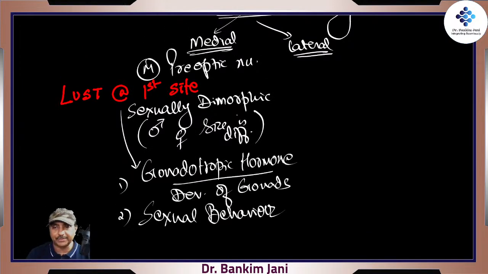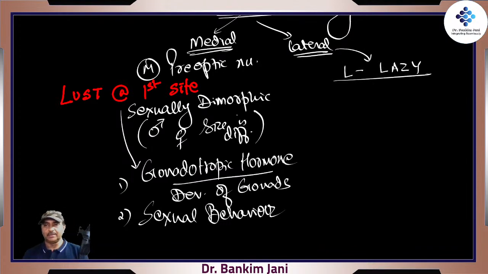What about the lateral one? Well, the lateral one is very typical. This is L for lazy, right? When a person is not working, when a person is asleep, in deep sleep, this is the nucleus that comes into picture, especially in the NREM phase.